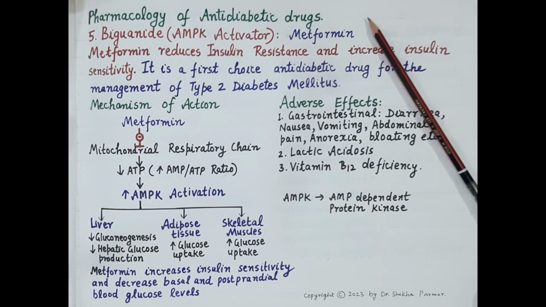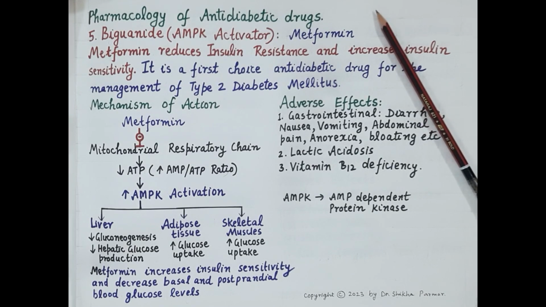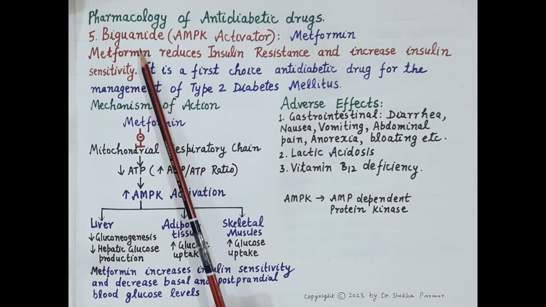Now, after the first category of drugs that increase insulin secretion, second category of drugs are the drugs that increase insulin sensitivity, thereby improving insulin action and reduce insulin resistance. Now, in this category of drugs that enhance insulin sensitivity, the first class of drugs is the biguanides.